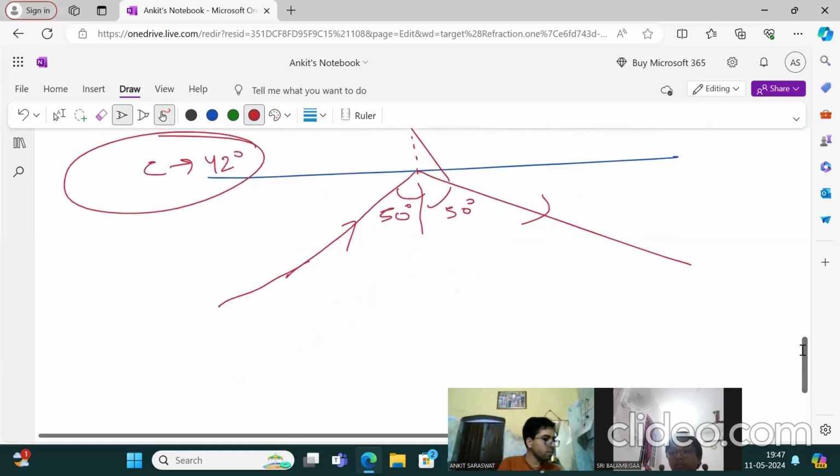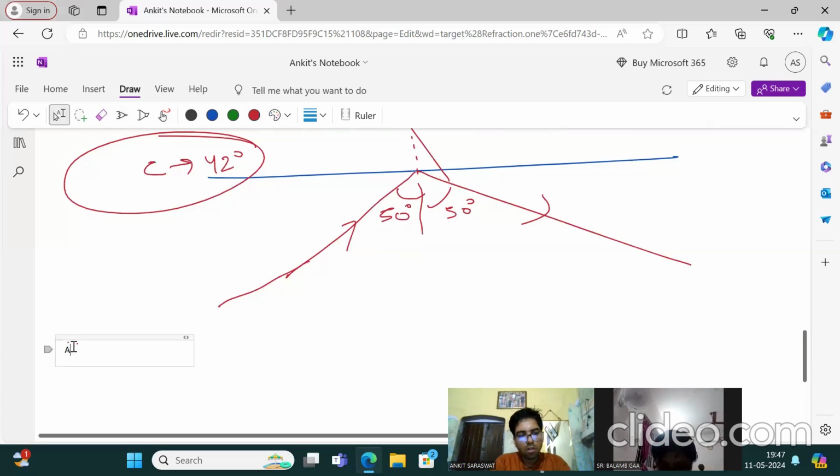So now please write down. Angle of incidence in denser medium.